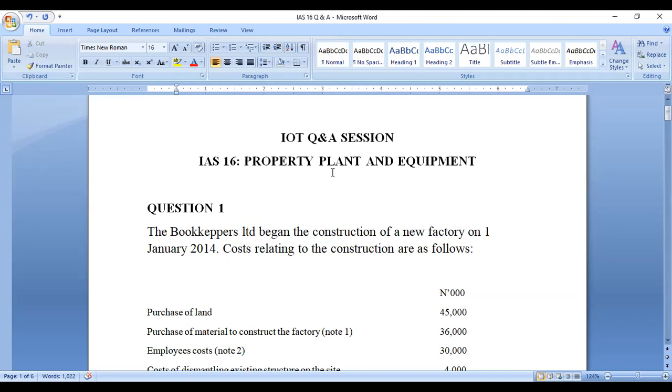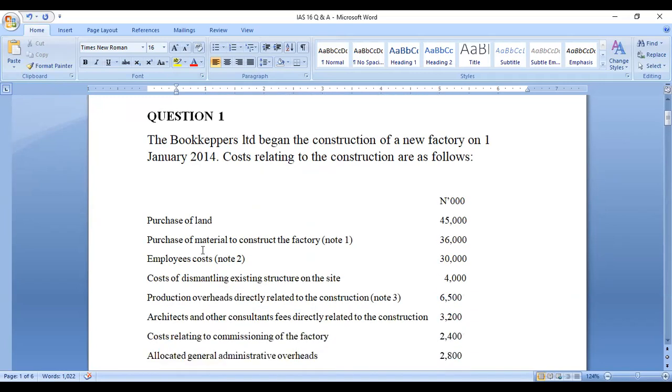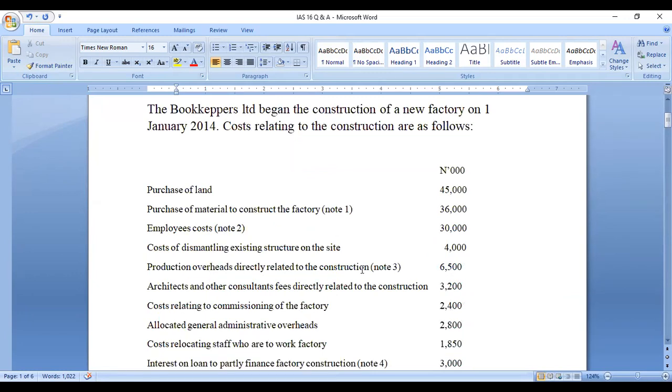So I believe we have the question. The requirement of this question is that we should determine the cost, not treatment yet, the cost of the asset, putting into consideration all of these costs that are related to the construction. We know that for the cost of an asset, we have the purchase cost, that's the amount of money you paid for the asset.